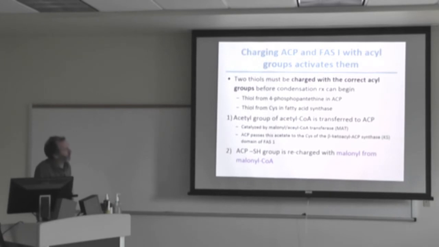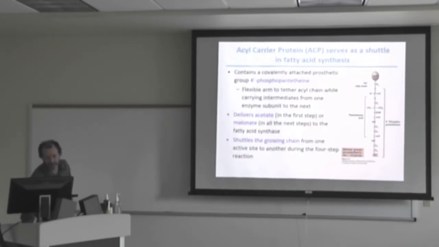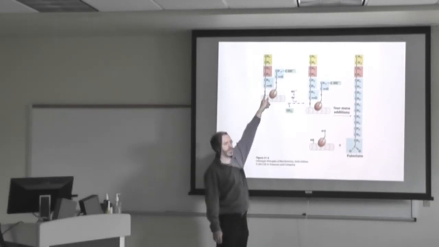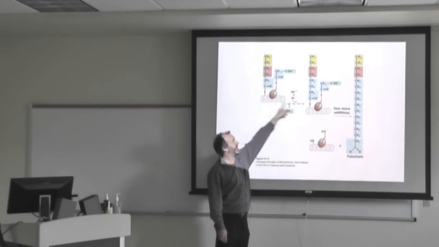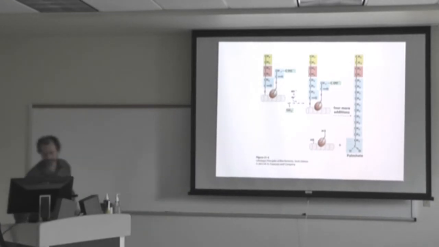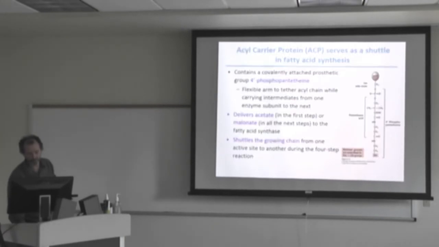And the thiol from the cysteine in the fatty acid synthase. I think they showed you this before. You have this thiol here. That's part of the fatty acid synthase where you get that fatty acid. So both of those have to be charged first.